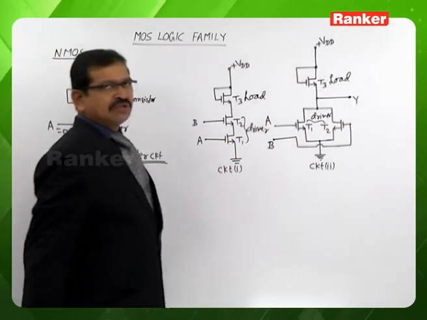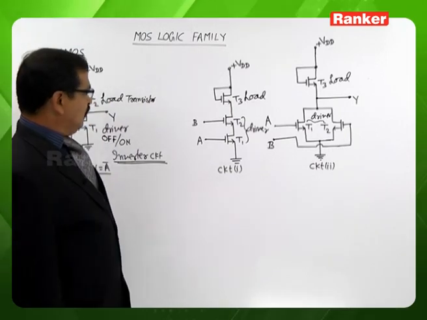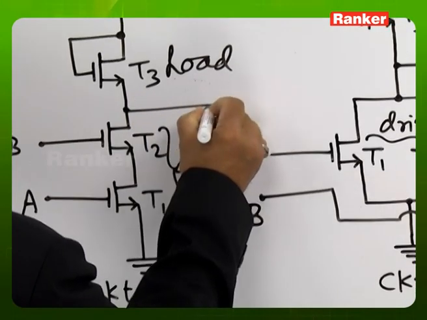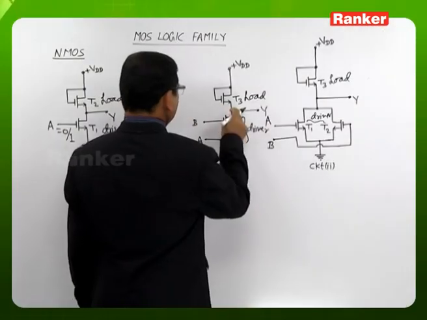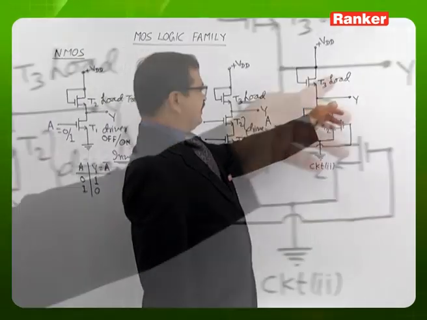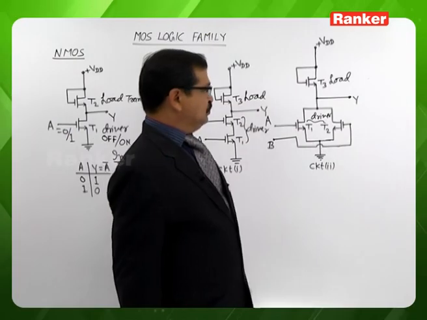Let us look at the operation of circuit 1 and circuit 2 in terms of logic values. Circuit 1 output is from the drain terminal of T2 and circuit 2 output is from the common drain terminal of T1, T2.